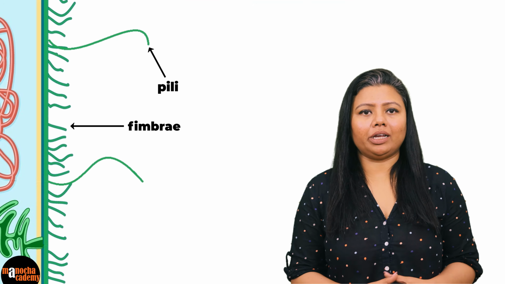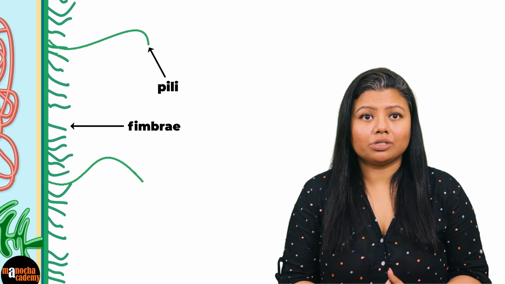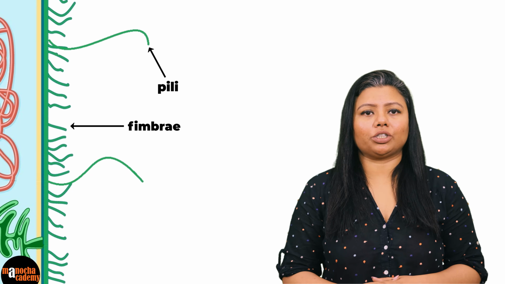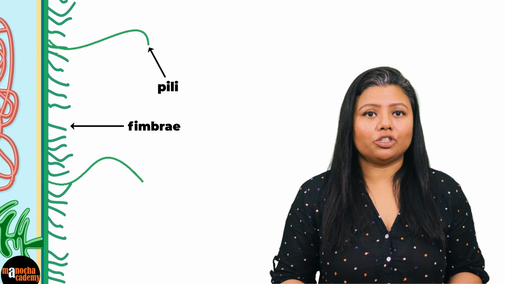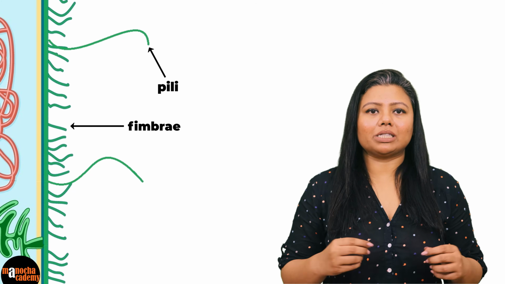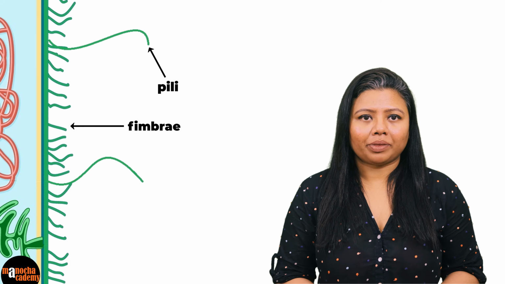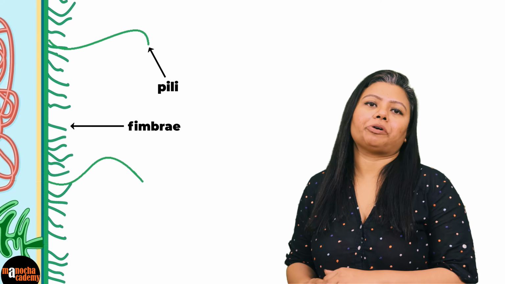The two appendages, pili and fimbri, have been confused as the same structure for a very long time. Pili are actually appendages or projections that come out from the cell of bacteria which help in sexual reproduction.